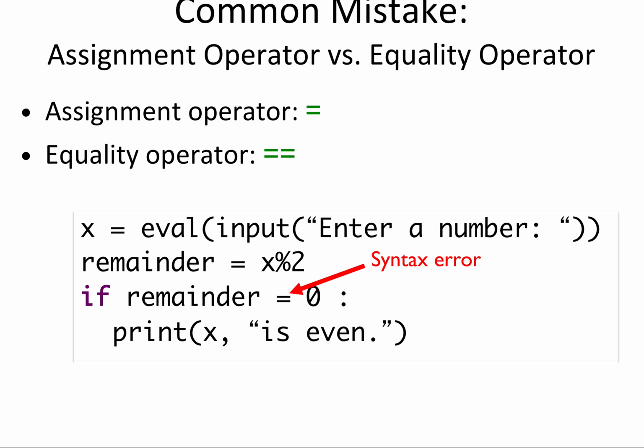There are many languages that will allow you to make an assignment in an if, even though it's usually not what the programmer wants to have happen. So Python is a good learning tool in that it'll catch these syntax mistakes when they're made.